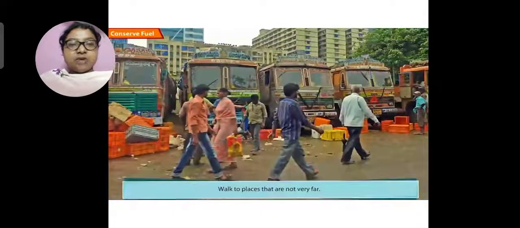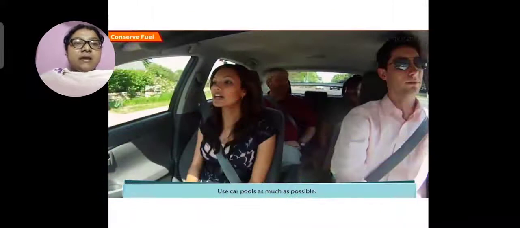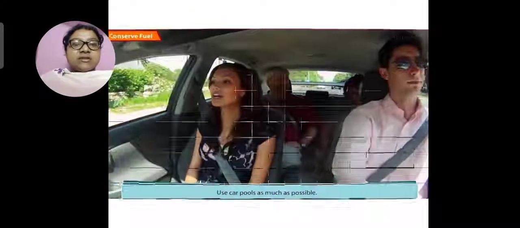So we need to adopt some measures by which we can create a safe, pollution-free environment. Some of the measures are: we can walk to nearby places, and we can use carpools as much as possible.